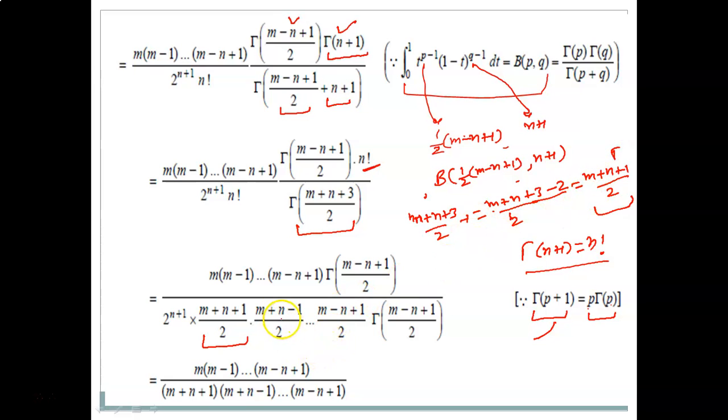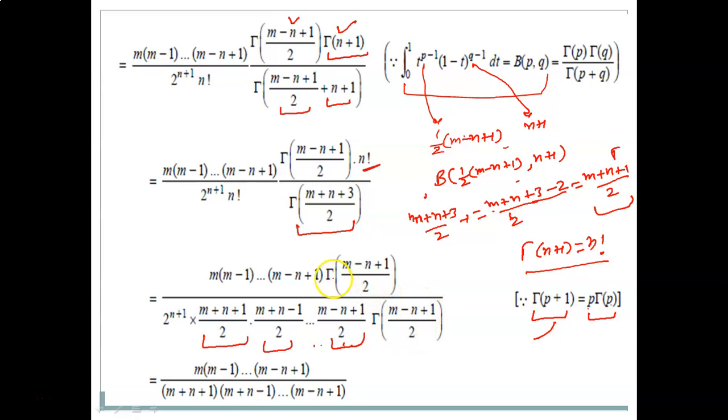But again, for that gamma of (m plus n plus 1) by 2, when we subtract 1 from there, this term will be obtained. Again we subtract, and ultimately we continue like that up to n plus 1 terms here. So we get this term finally, and the same term will remain with the gamma function.